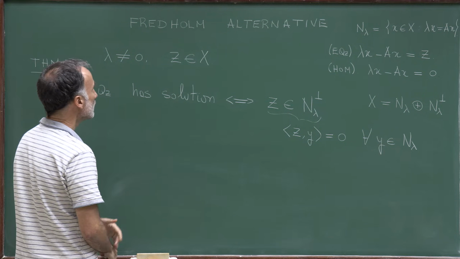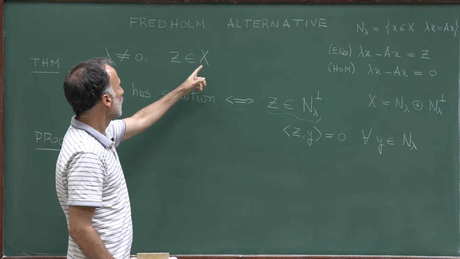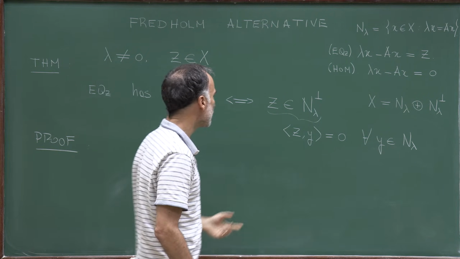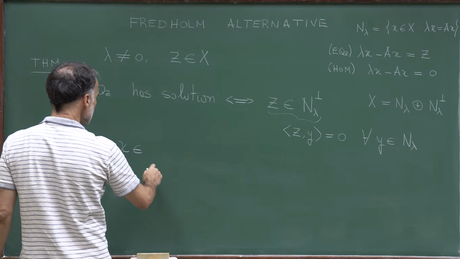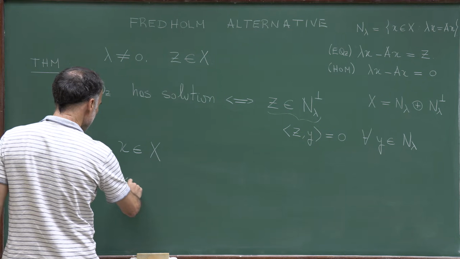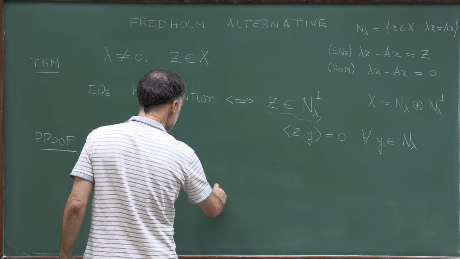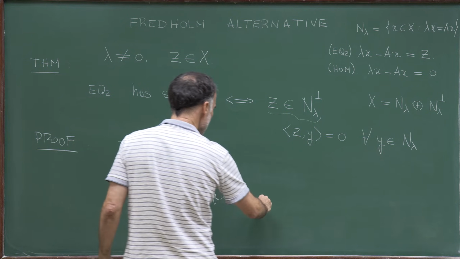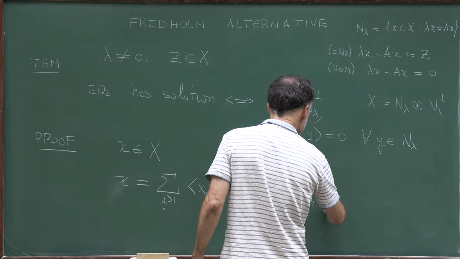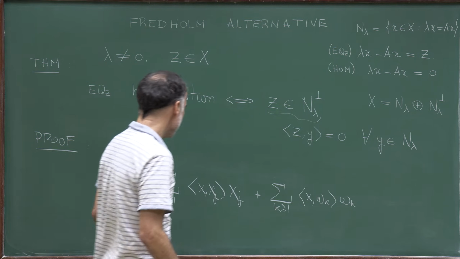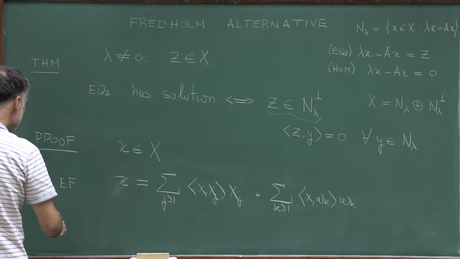Its statement was saying that since A is a symmetric compact operator, we can find a basis of X made of eigenfunctions of A. So the theorem was telling us in particular that if x belongs to X, we can write x as a sum of x_j plus a sum of x_wk, where x_j are eigenfunctions of the operator A.